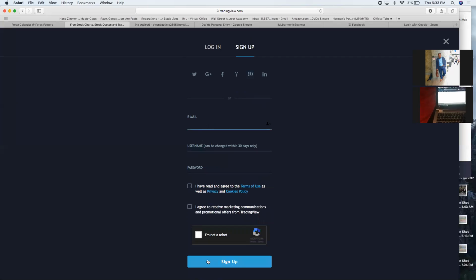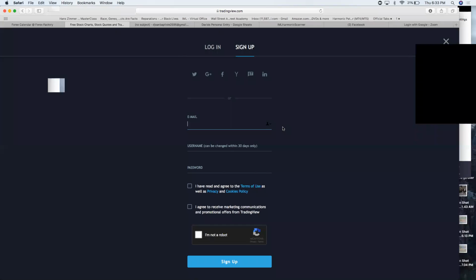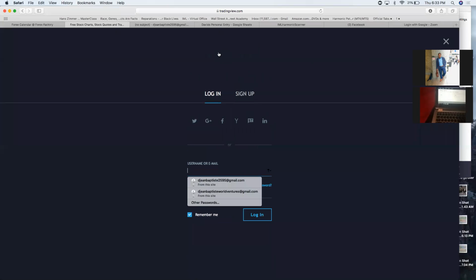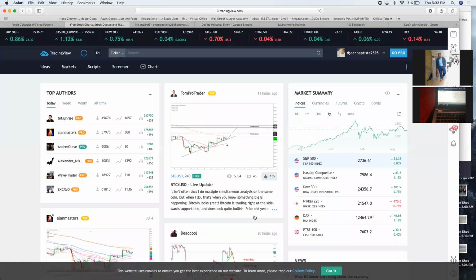More than likely, you're going to have an email sent to you creating a verification that you signed up for TradingView. For those that already have an account, just sign in with your email or your username and your password, and click login.